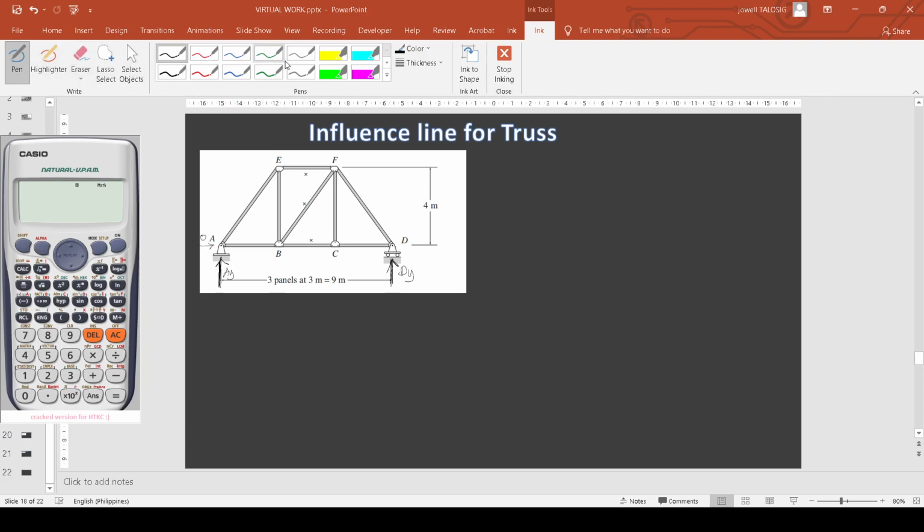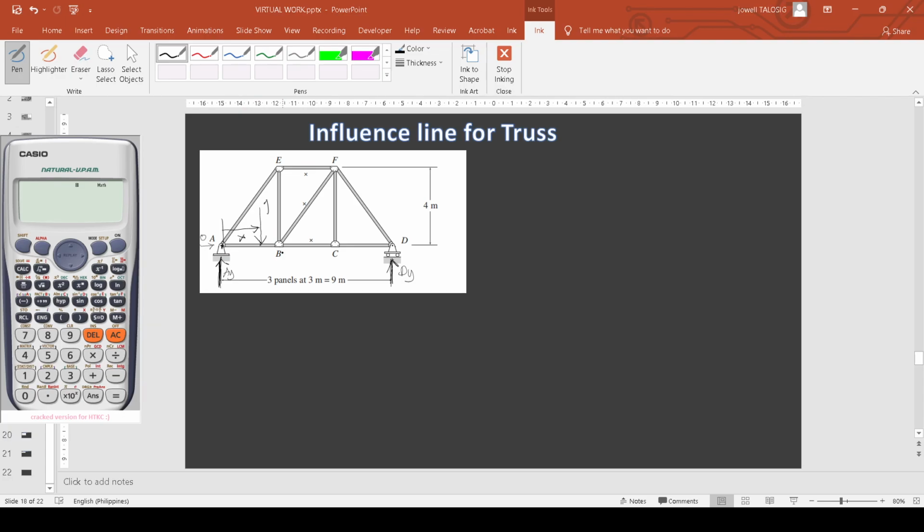So let me draw the one unit load here. So one unit load will travel from A to D. So this is your X. Here, as you can see, this is a bridge truss.